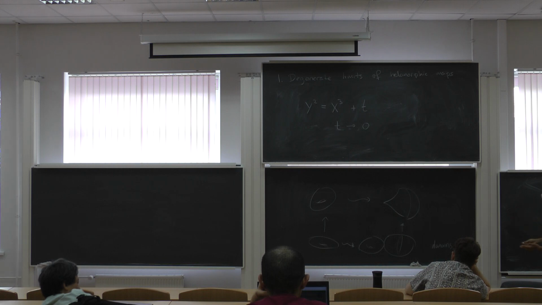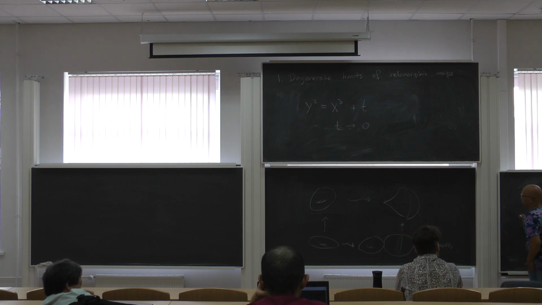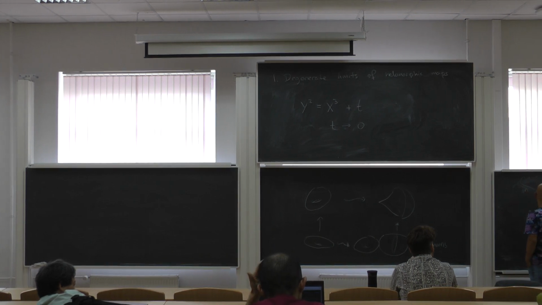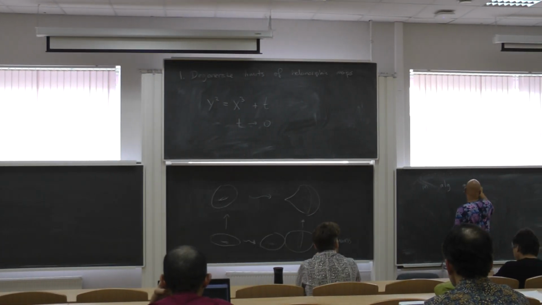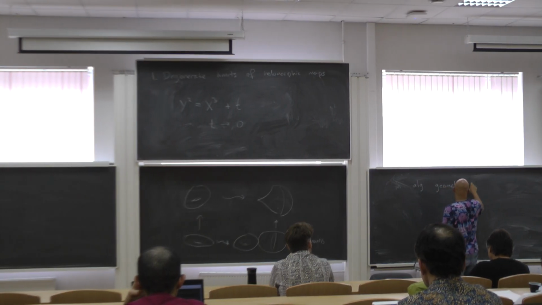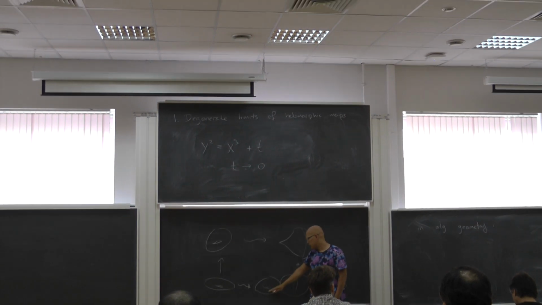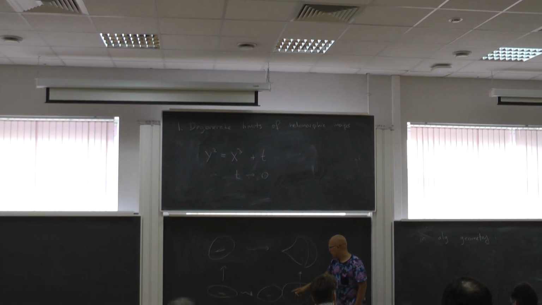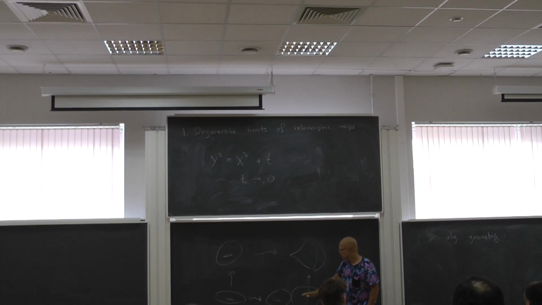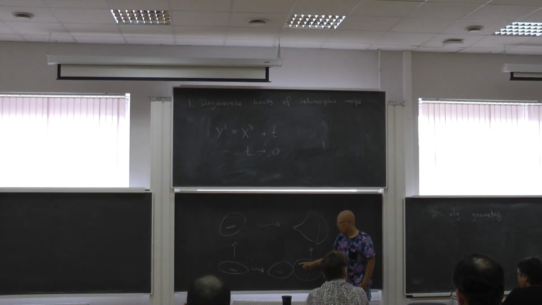I would like to discuss a bit this phenomenon. So in algebraic geometry, the phenomenon I want to discuss is the fact that in this degeneration, at the end, two things are happening.